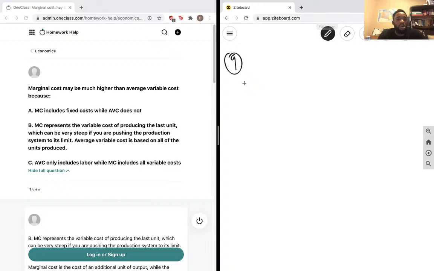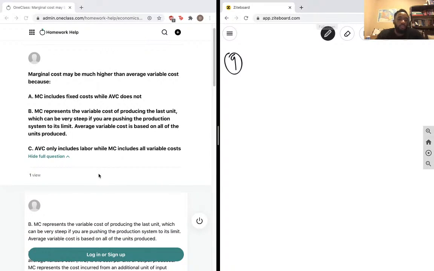B, marginal cost represents the variable cost of producing the last unit, which can be very steep if you're pushing the production system to its limit. Average variable cost is based on all of the units produced. Or C, average variable cost only includes labor, while marginal cost includes all variable costs.